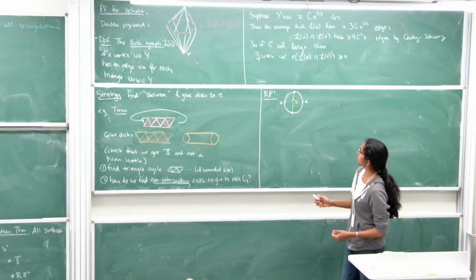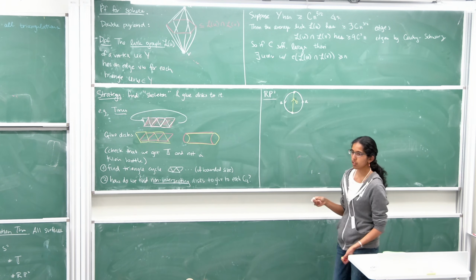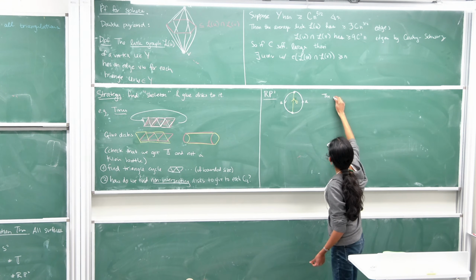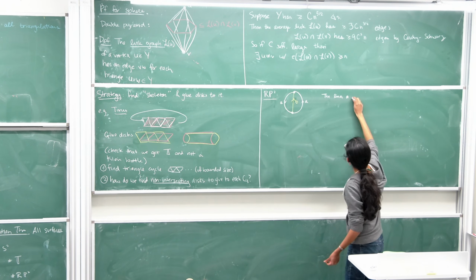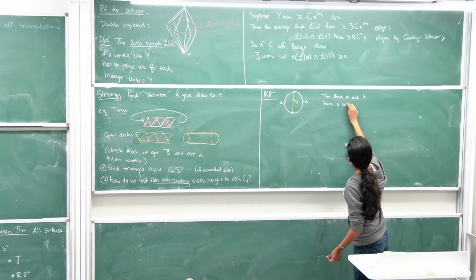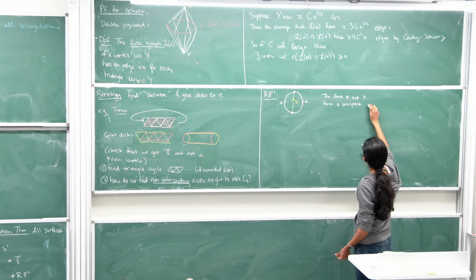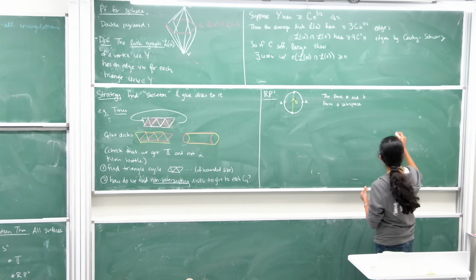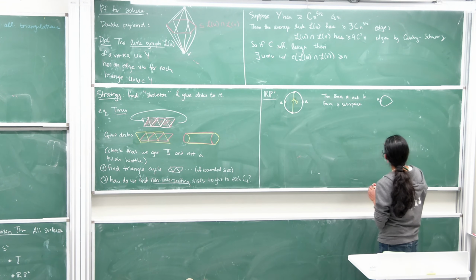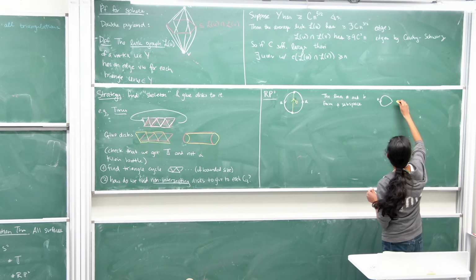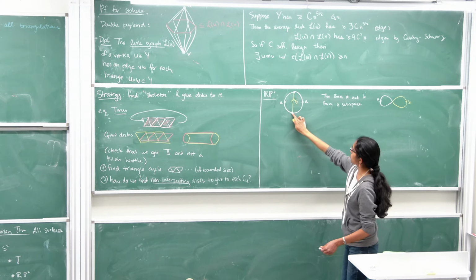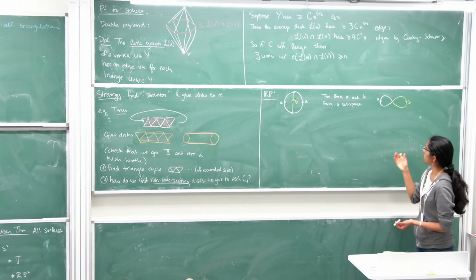And if we look at what the two lines A and B look like in this picture, they form a subspace that looks like this. Because actually this point and that point are the same, and so each of them is just a loop.